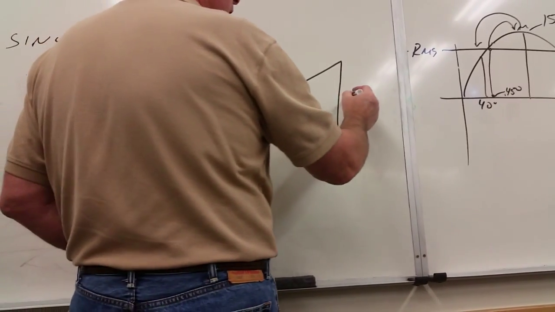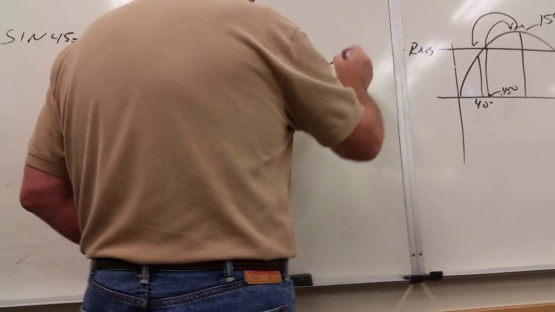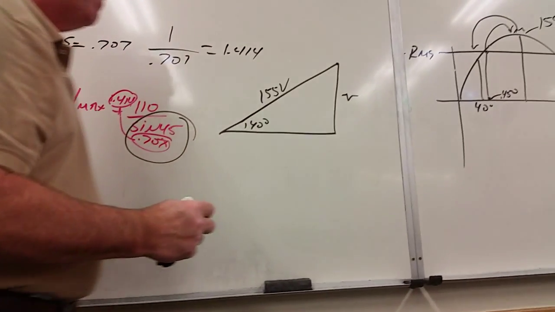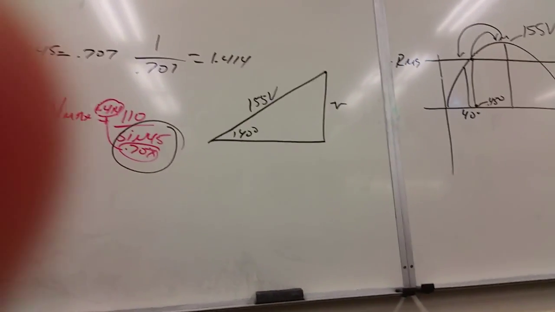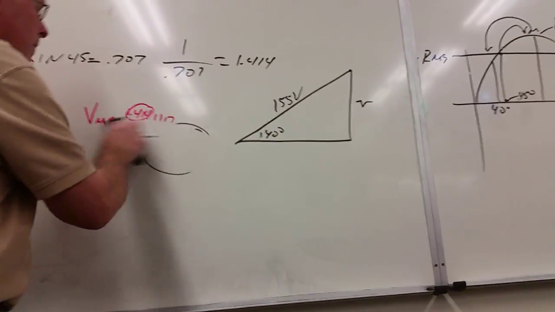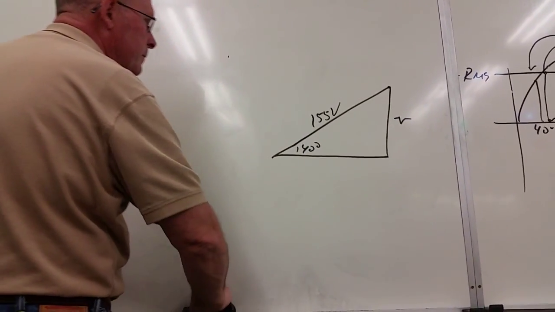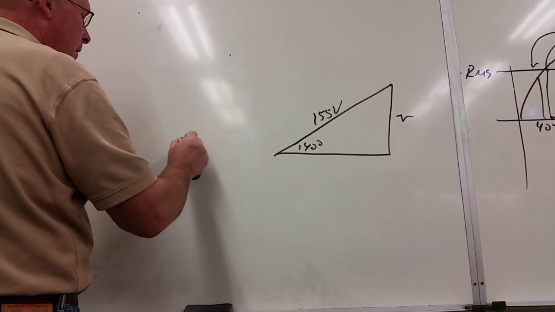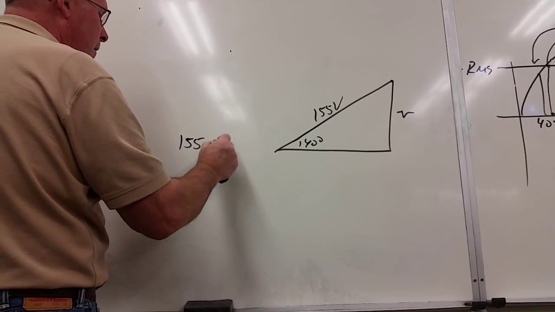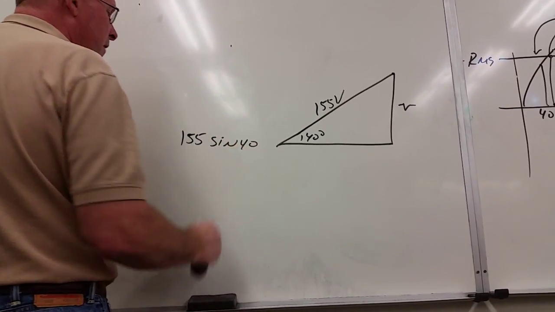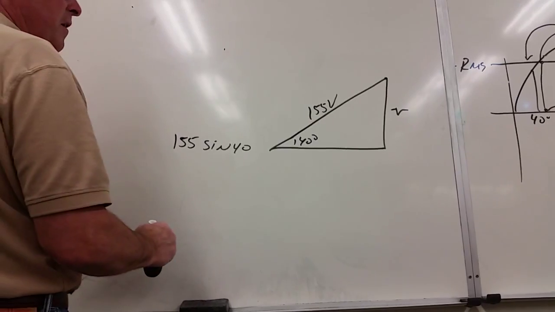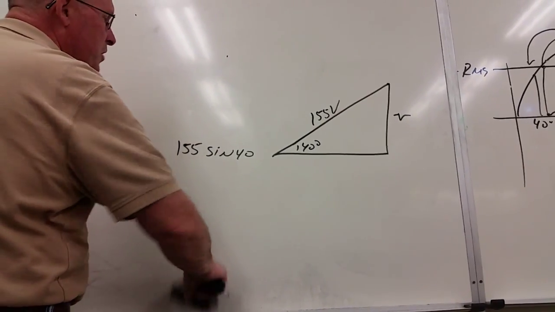Now we're trying to find this instantaneous value here, right? Okay, so what's our formula? Is that correct? No, it's messed up, isn't it? So what's it going to be?